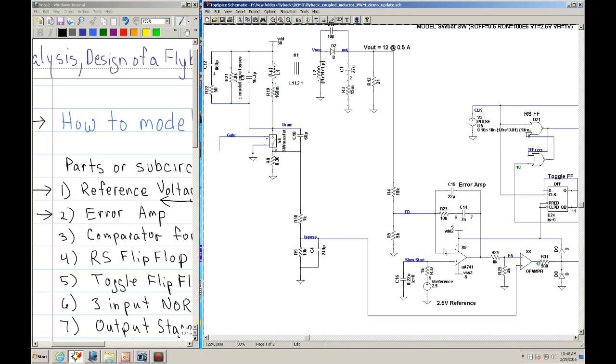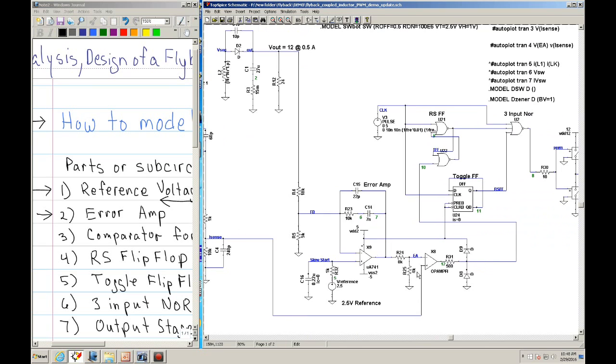Now the error amp compares the feedback voltage from the output with the reference voltage. So this is your reference, and this is a sample voltage, and it develops an error output, which is output here. Okay, the output of the error amp is then sent to a comparator, and that would be our third circuit.